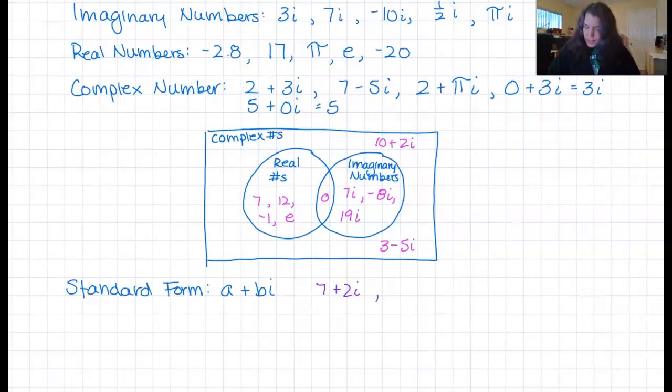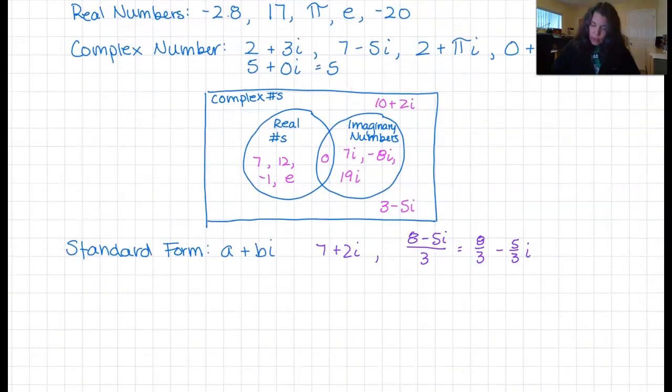If you had something like 8 minus 5i over 3, it's not really considered standard form. You would have to write it as 8 thirds minus 5 thirds i. And then we can clearly see what the real and imaginary parts are.